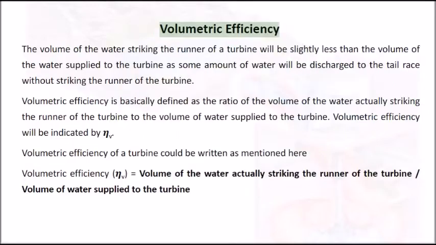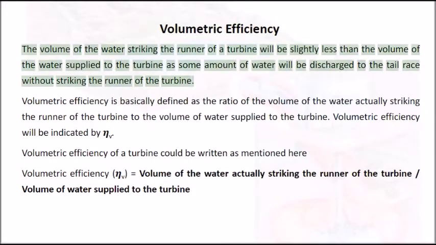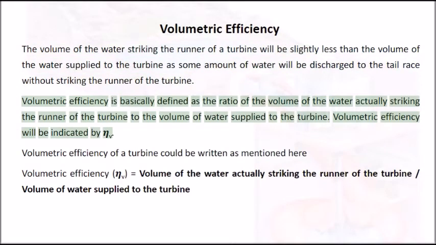Volumetric efficiency. The volume of the water striking the runner of a turbine will be slightly less than the volume of the water supplied to the turbine, as some amount of water will be discharged to the tail race without striking the runner of the turbine. Volumetric efficiency is basically defined as the ratio of the volume of the water actually striking the runner of the turbine to the volume of water supplied to the turbine.